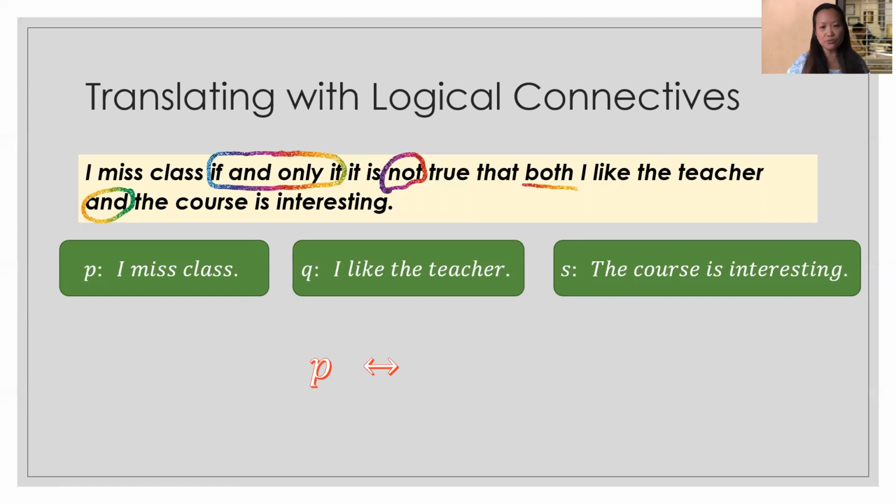It is not true, that's the negation, that I like the teacher and the course is interesting. What does the word both have to do with this? That's the grouping symbol, that's the parentheses, okay? That means it is not true that both Q and R. So Q and R would be inside the parentheses, okay?